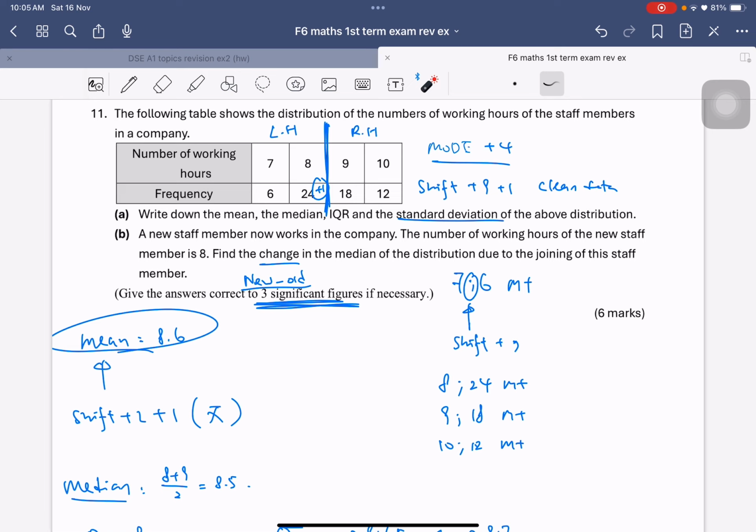The original median is 8.5, but now because there's one more person with 8 working hours, 8 is our new median. So the change is going to be the new one minus the old one: 8 minus 8.5, equal to negative 0.5. Which means that the median has decreased by 0.5.